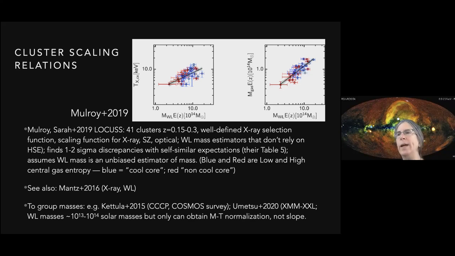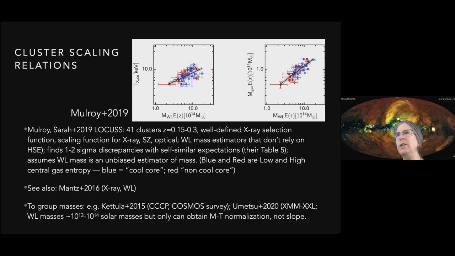And the blue and red are coded for clusters with low and high gas entropy. I'll get into this a little bit later, but the blue are the so-called cool core clusters with low central gas entropies, and the red are the non-cool core clusters.